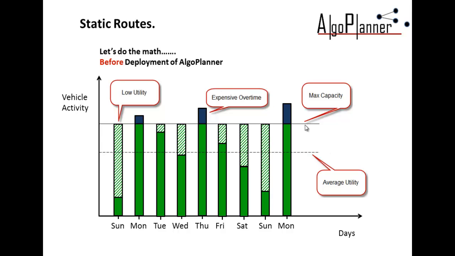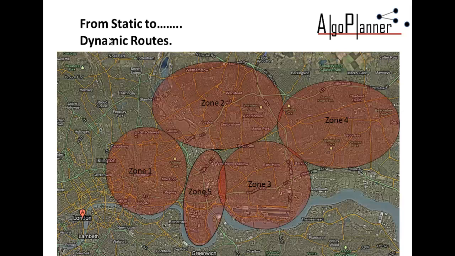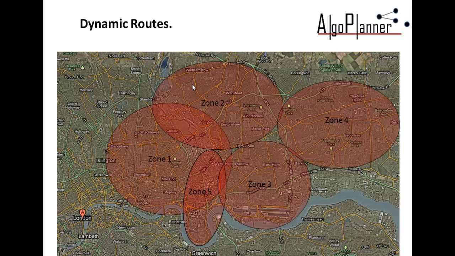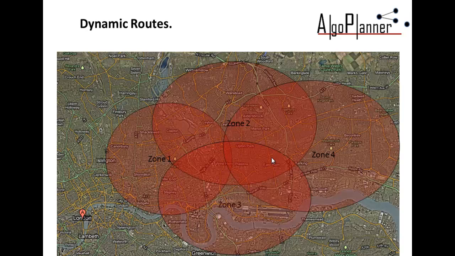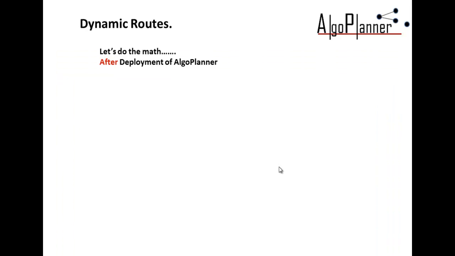Let's now move from static to dynamic routes. What we do is change the static zones we saw before into growth zones, larger but fewer. Now let's try and do the math again.